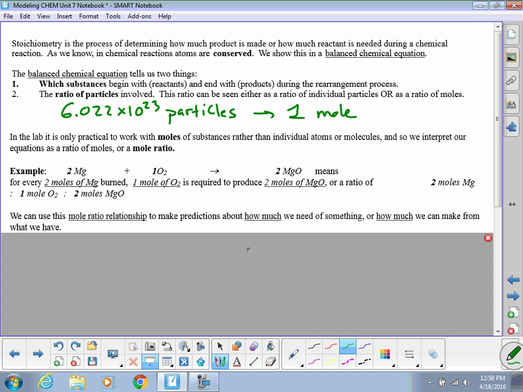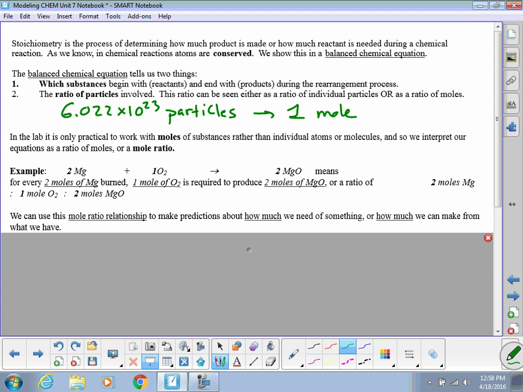Well, chemistry does take place between individual atoms or molecules at the atomic level, but for us in the lab, when we measure things out, we're going to be measuring mass of things, and that means we're going to be dealing with lots and lots and lots of atoms, particles, moles. So we use moles in talking about reaction stoichiometry. So as it says here, in the lab, it's only practical to work with moles rather than the individual pieces. So we interpret our equation as a ratio of moles.